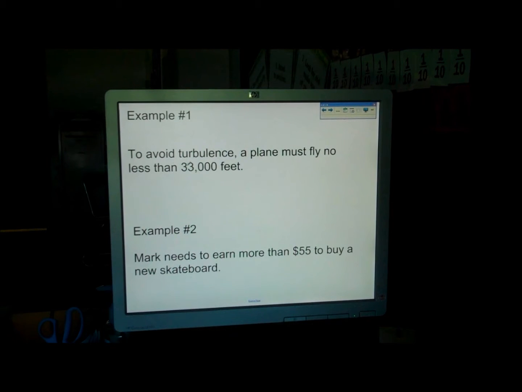An example of this, an airplane. To avoid turbulence, a plane must fly no less than 33,000 feet. So it has to be no less than. So we have our less than symbol, okay? And it can be no less than. So x has to be bigger than 33,000 feet.